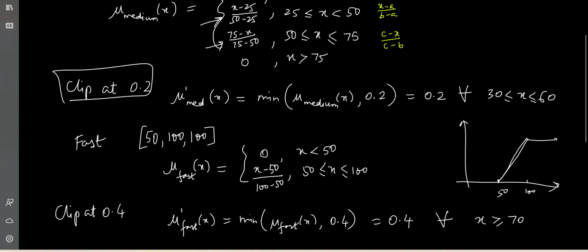The minimum of 0.2 and 0.4 is 0.2. So it will be equal to the original mu fast of x for all 50 less than or equal to x less than 70, sorry.